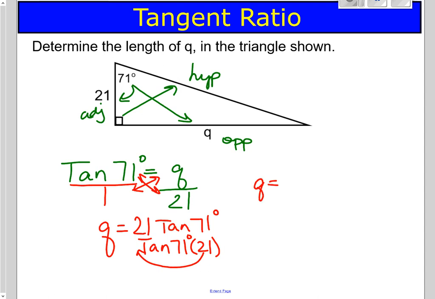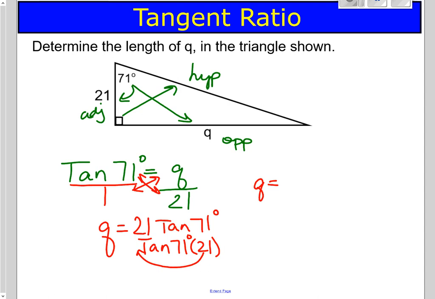All right, so calculator time. In your calculator, you want to, again, make sure that you are in degree mode. It should have a D at the top for degree mode. And then from there, you would type in 21 tan 71 and hit equals.